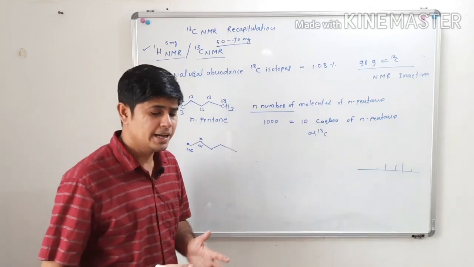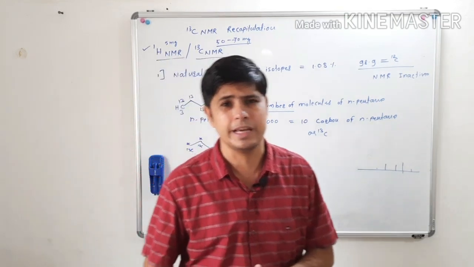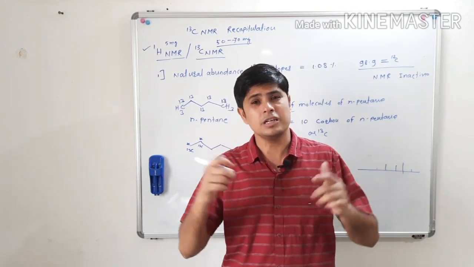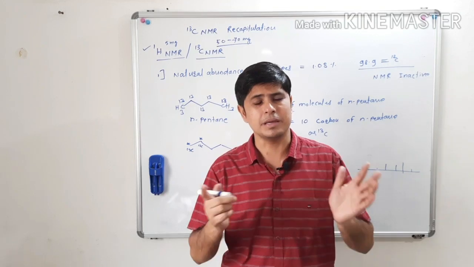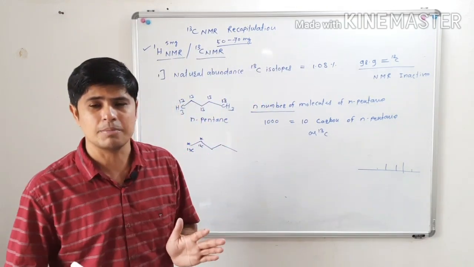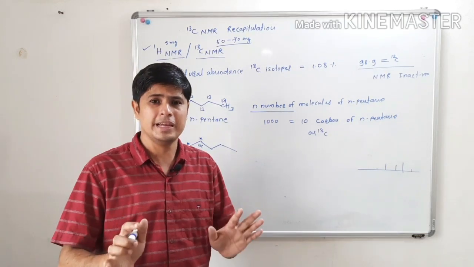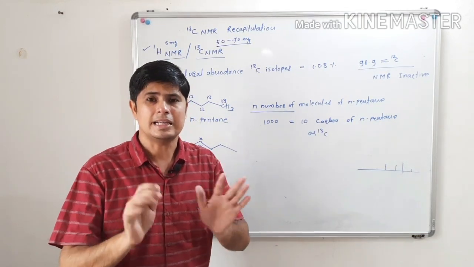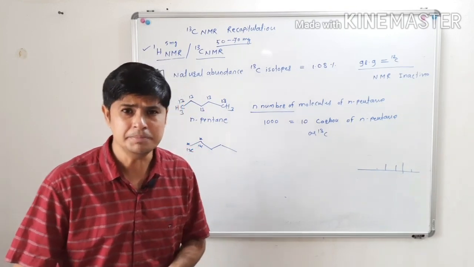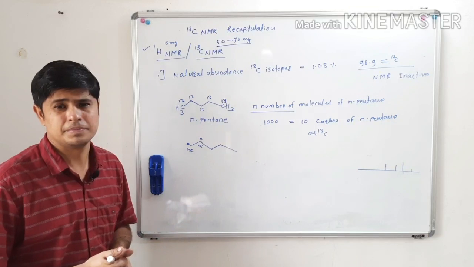Suppose we take a very big molecule that has 1000 carbon atoms. In that 1000 carbon atom molecule, there will be 10 carbons that are carbon-13 isotopes.